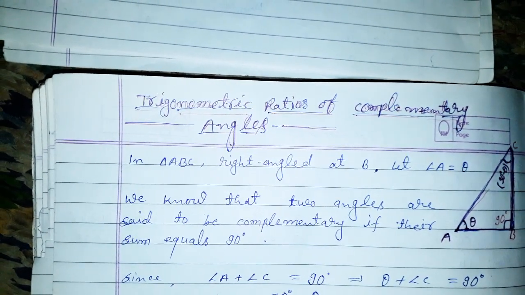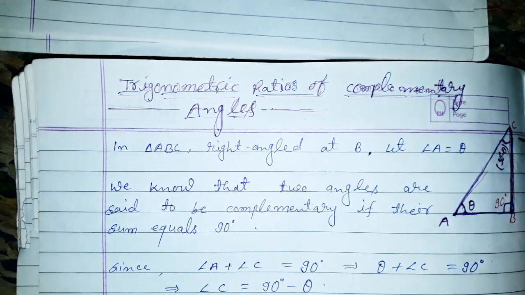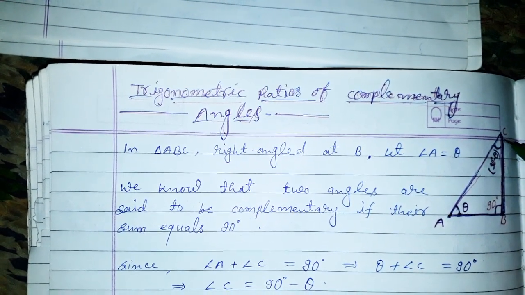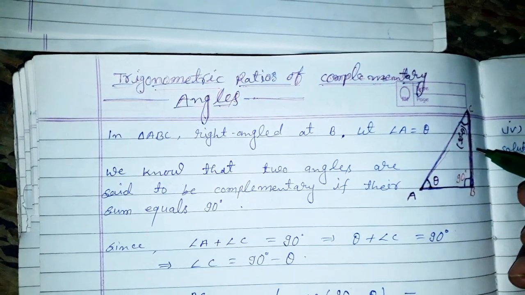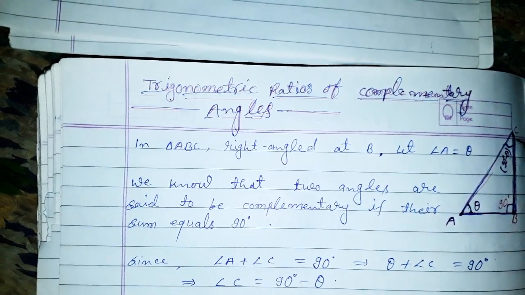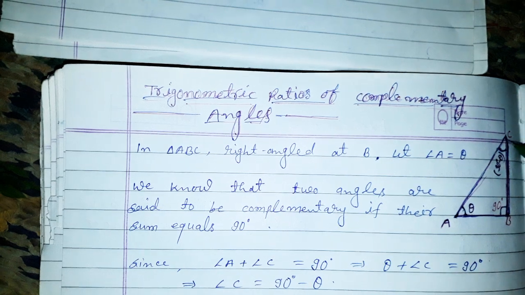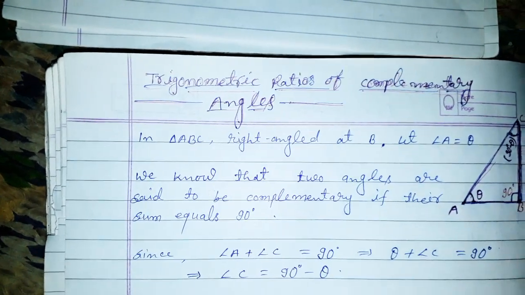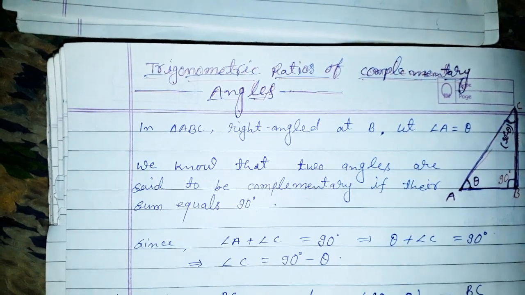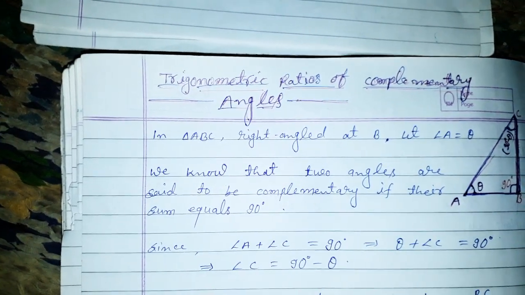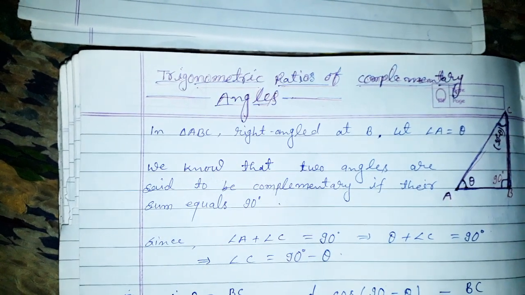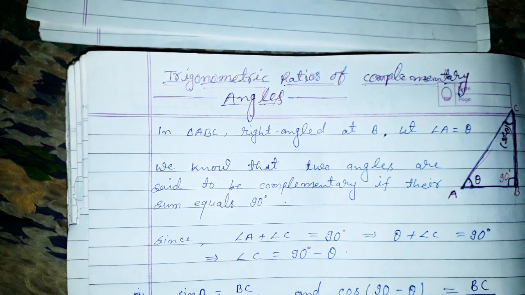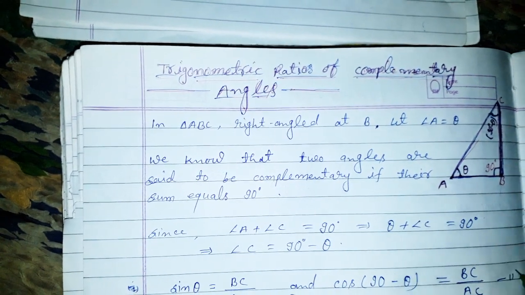Cos is the adjacent side to angle C upon hypotenuse. This adjacent side is BC, and the hypotenuse is AC. So BC upon AC is sin theta. Here cos 90 minus theta is equal to BC upon AC. So this is the first equation and this is the second.